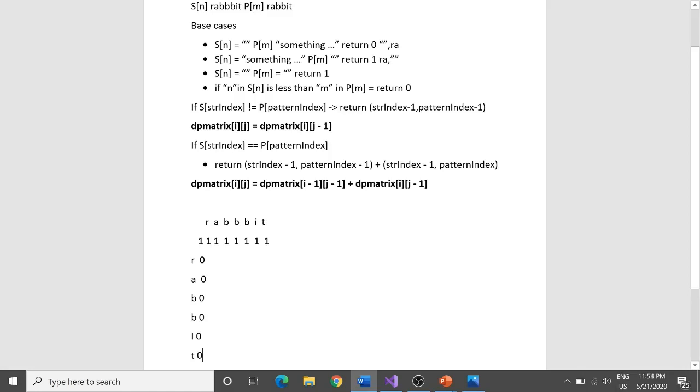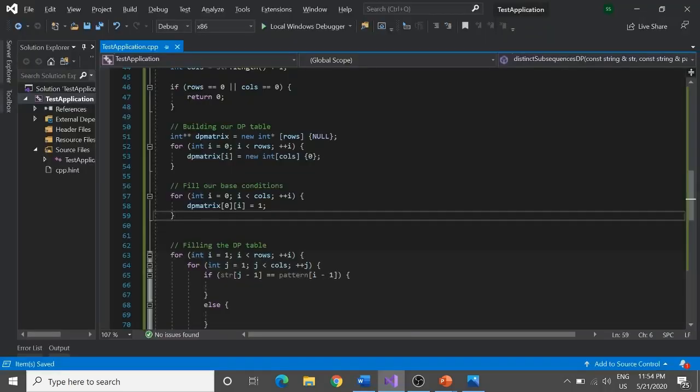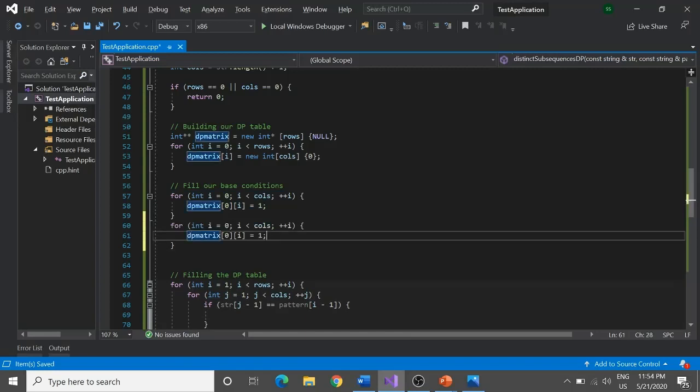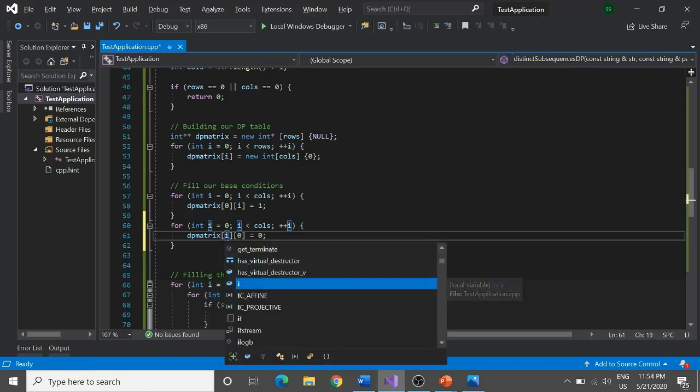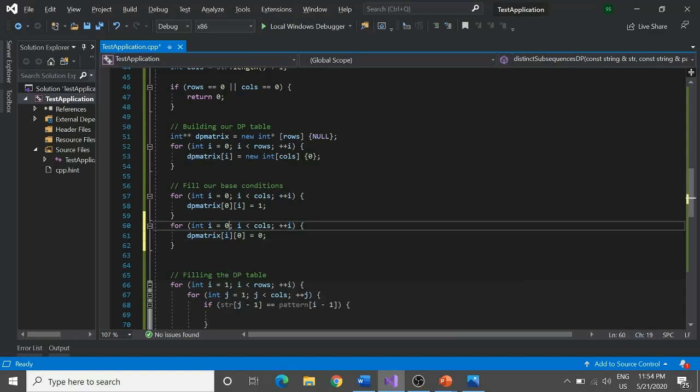So how do we fill our first column within the code? We can have a look over here. I would be populating my first column with zeros. And why am I doing that? Because I have nothing left in the string, but I do have some characters left in my pattern. So I would be traversing for each and every row, but mind you, starting from 1.